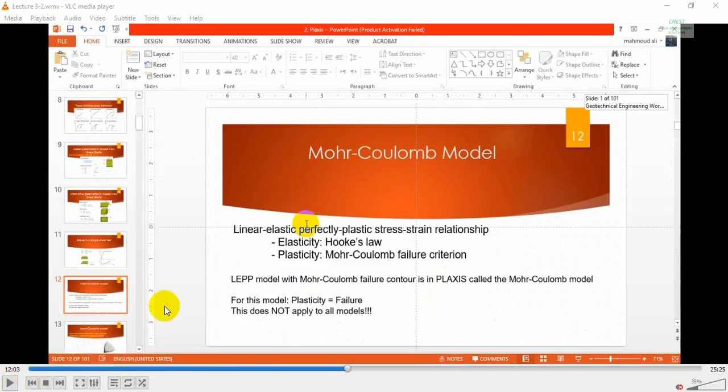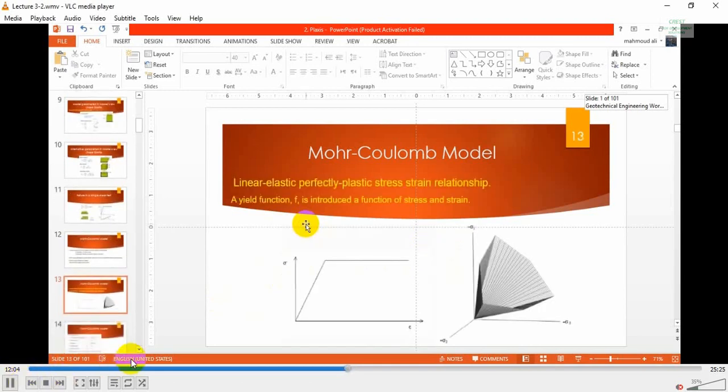In conclusion, the Mohr-Coulomb model is a linear elastic perfectly plastic model that depends on Hooke's law to define the soil elasticity, and on the Mohr-Coulomb failure criterion to define the soil plasticity.